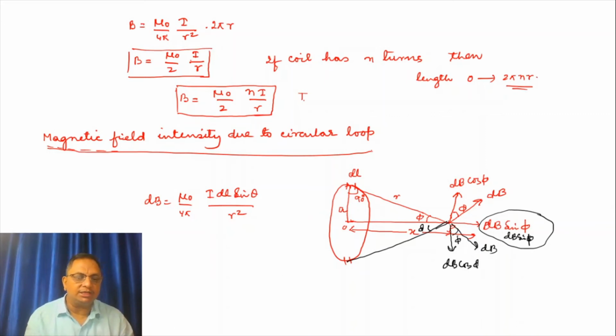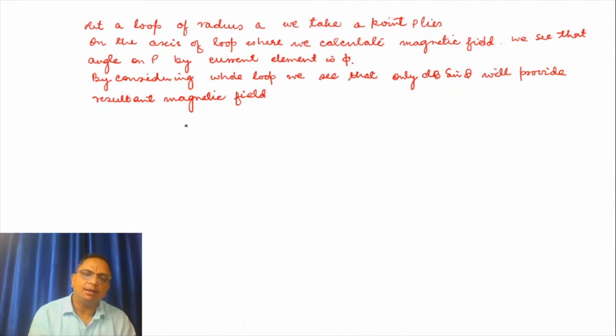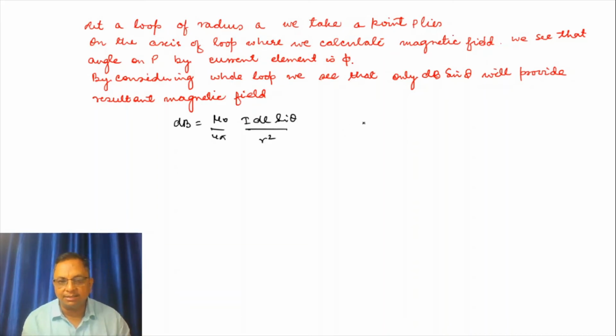So we use this and calculate, applying the formula dB is equal to mu 0 over 4 pi I dl sin theta over r square. One consideration is, if OP is very large, meaning a is very much less than x, then theta is almost 90.